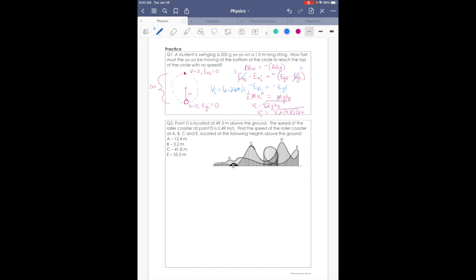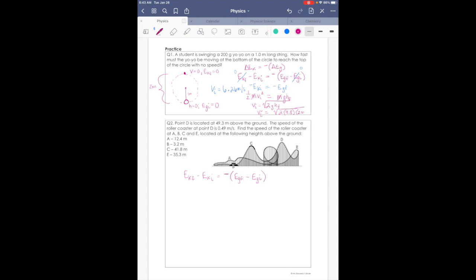For question number 2, it's going to be utilizing the equation that we just used for practice question 1 up above. I'm going to write out the expanded form: EKF minus EKI equals negative EGF minus EGI.